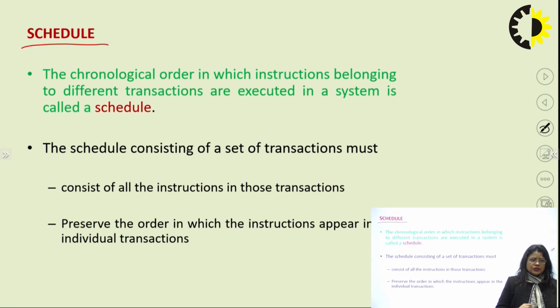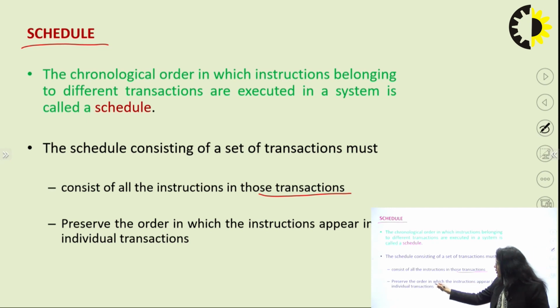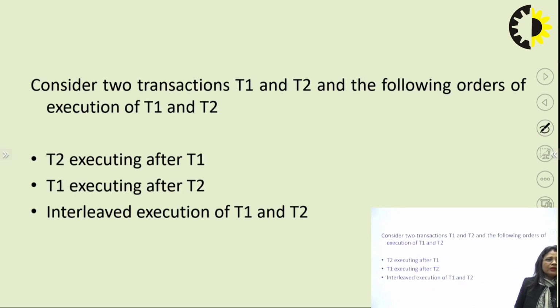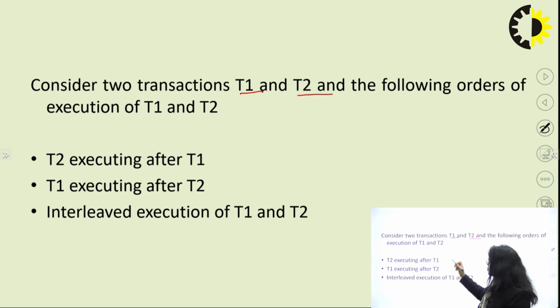A schedule must consist of all the instructions of those transactions, and must preserve the order in which the instructions appear in the individual transactions, right? So let us consider two transactions T1 and T2 and the following orders of execution of T1 and T2.